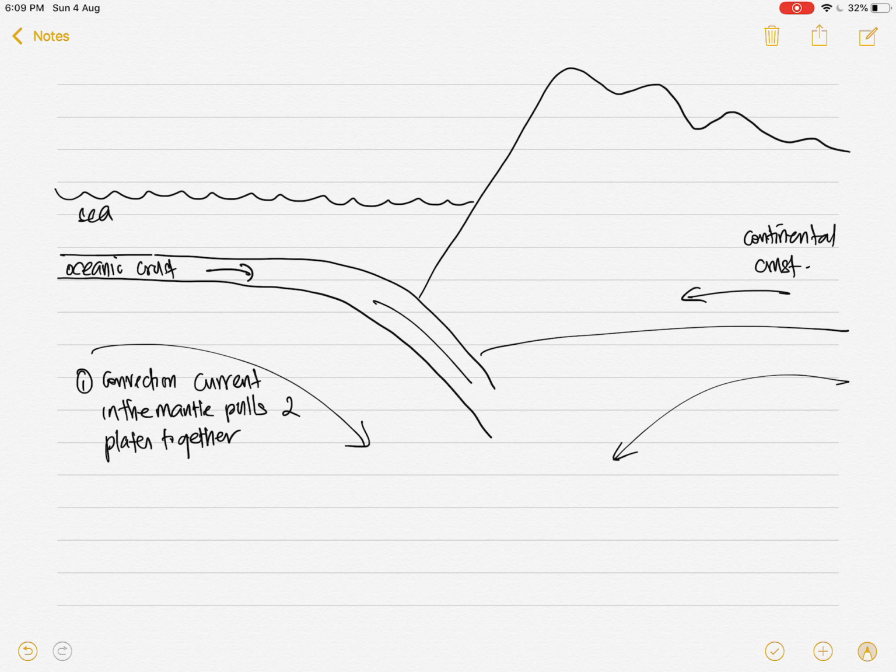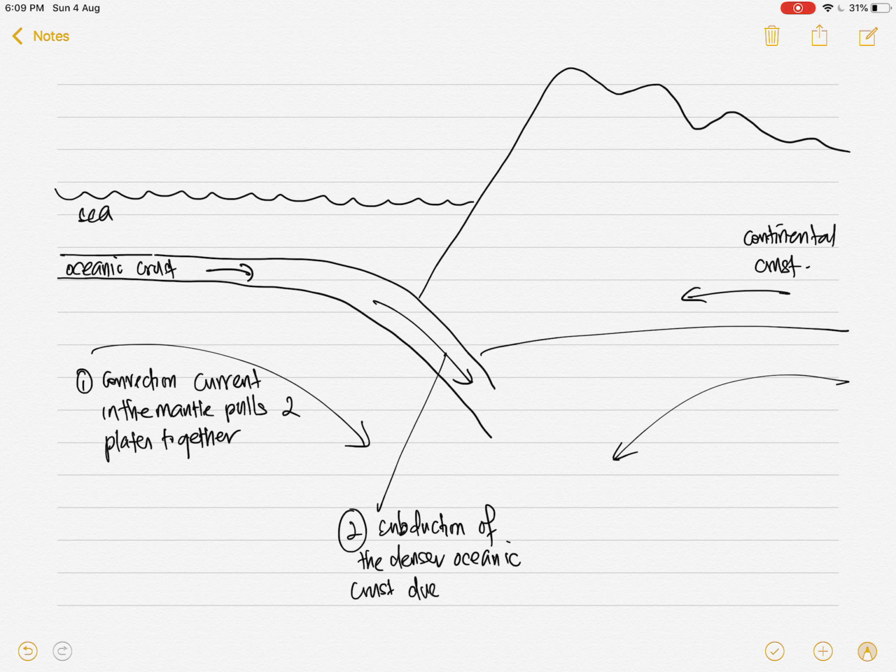Now this compression force will result in subduction, so you should label it: subduction of the denser oceanic crust due to compression force.